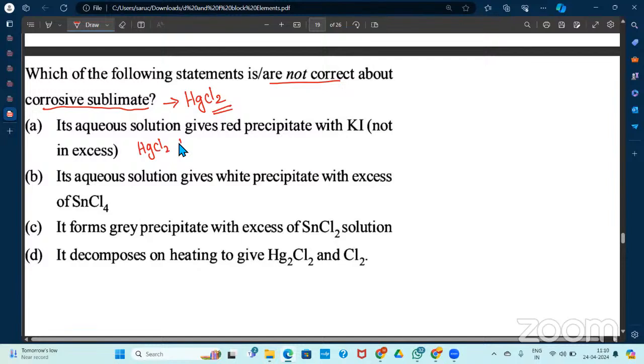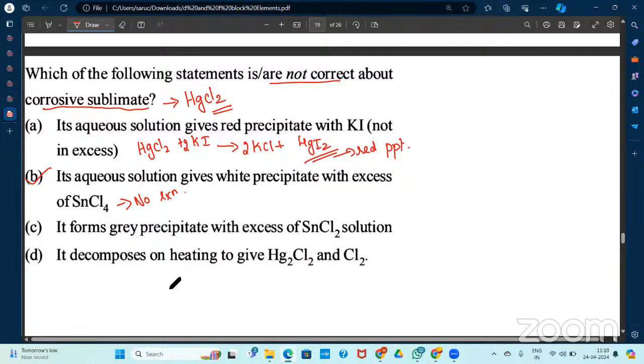That is a correct statement. And the second one is, its aqueous solution gives a white precipitate with excess of SnCl4. Actually, with SnCl4 there will be no reaction, so it is incorrect. It forms a gray precipitate with excess of SnCl2 solution.